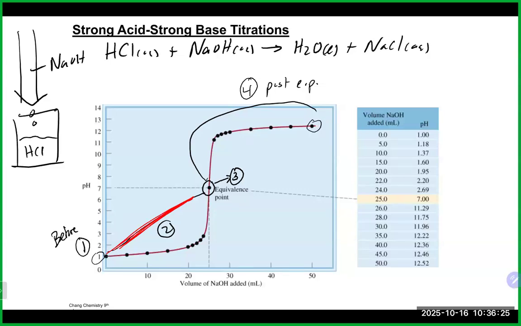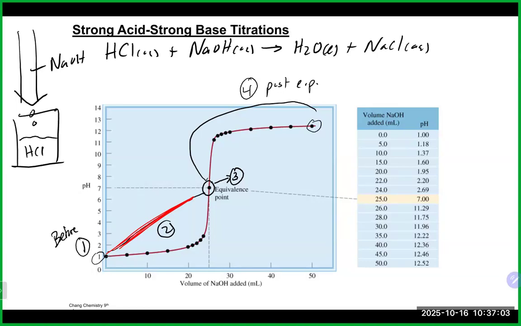Secondly, we are adding volume to volume throughout the titration, which means we need to do an ice table, and it needs to be in moles. Just like we did with the buffers a second ago, after we're done, we will want to convert back to molarity.